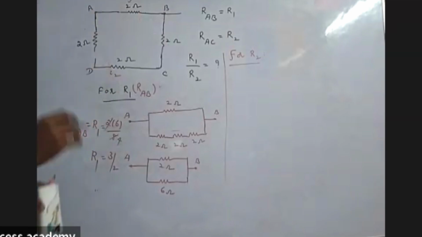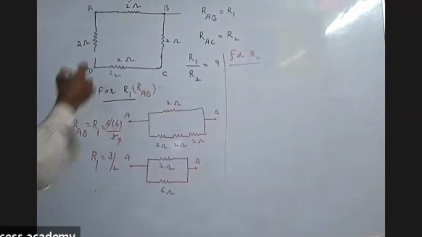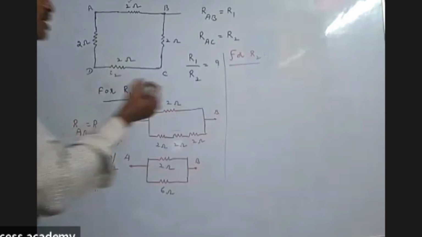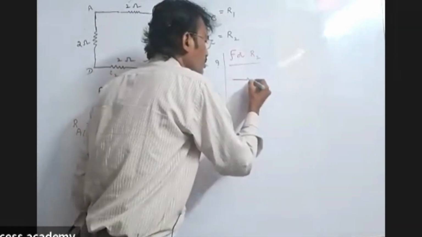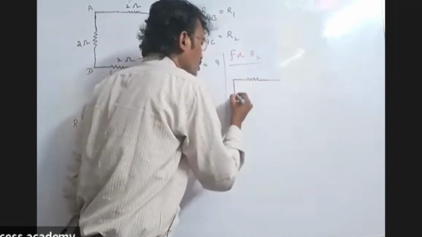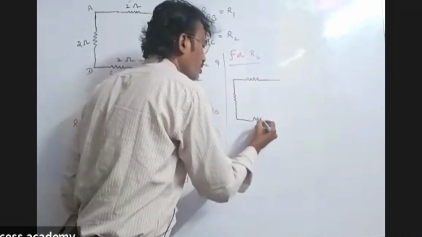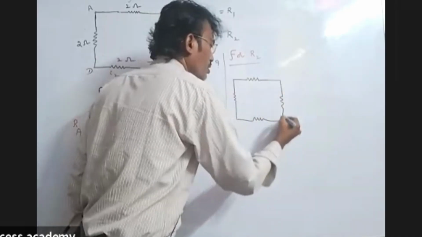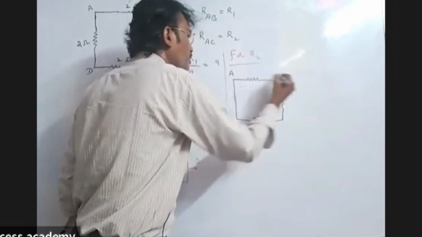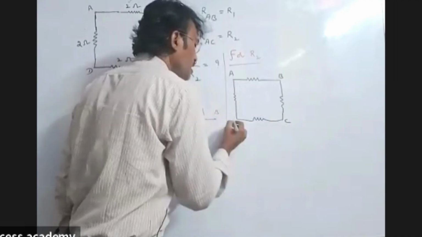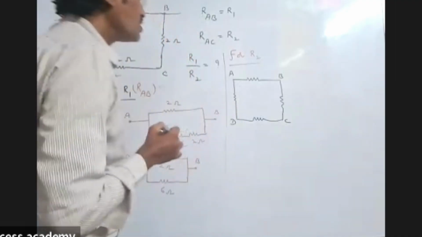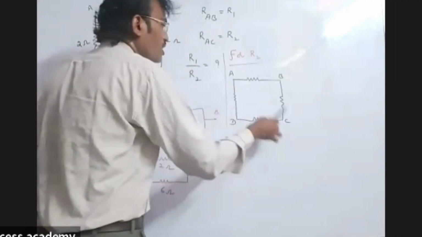So I'm reconstructing the diagram here. This is A, B, C, D. In between A and C, I want.